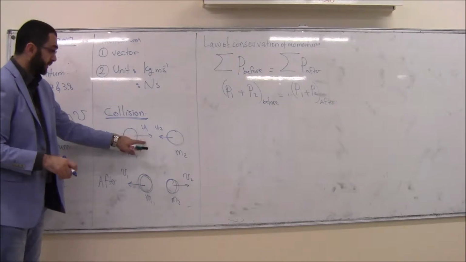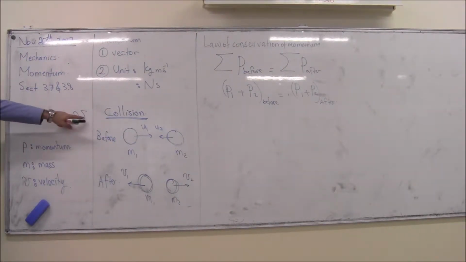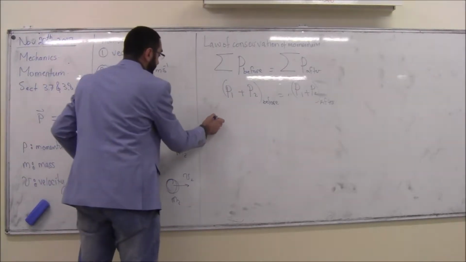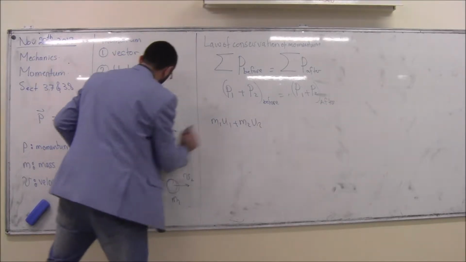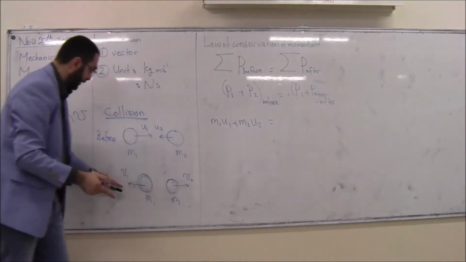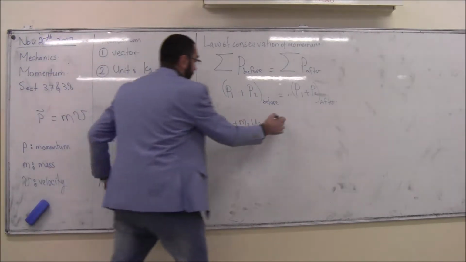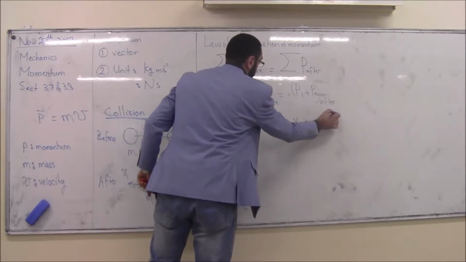What is P1? M1 times U1. Momentum is m times v. That will be M1 U1 plus M2 U2, which equals the momentum after, M1 V1 plus M2 V2.